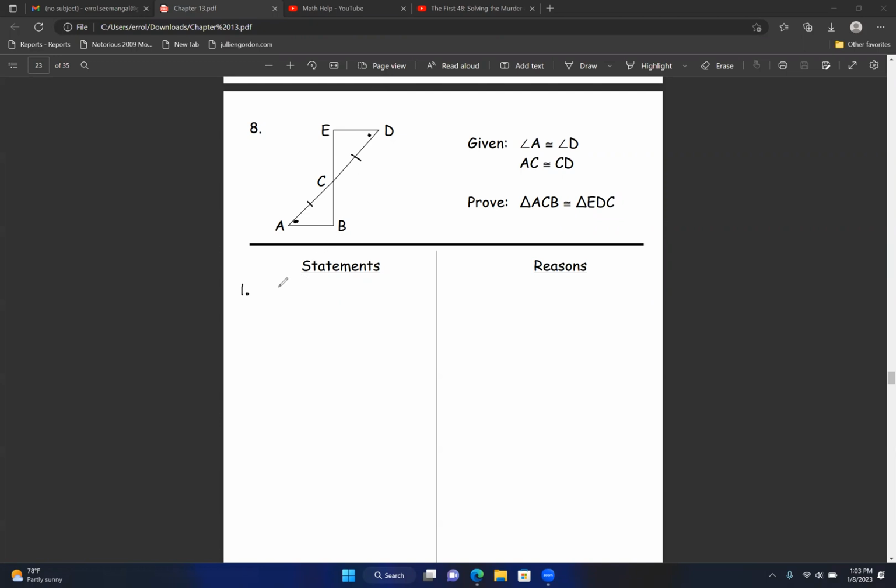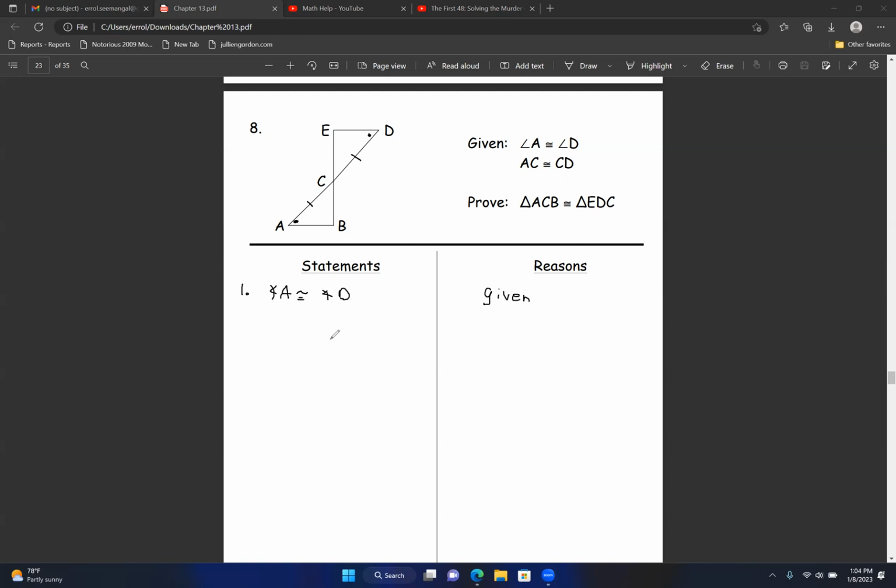Angle A and angle D are congruent. Okay, angle A is congruent to angle D. And then what's the reason? Given. Yeah, that's given. Let me rewrite this so it's a little bit neater. Angle A is congruent to angle D because that's given.